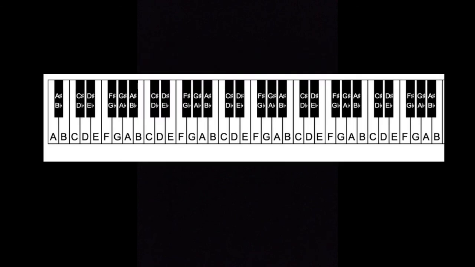And there we have it again, our 12-note musical alphabet. Our 12-note chromatic scale is repeated a number of times along the piano keyboard. Each one is called an octave.